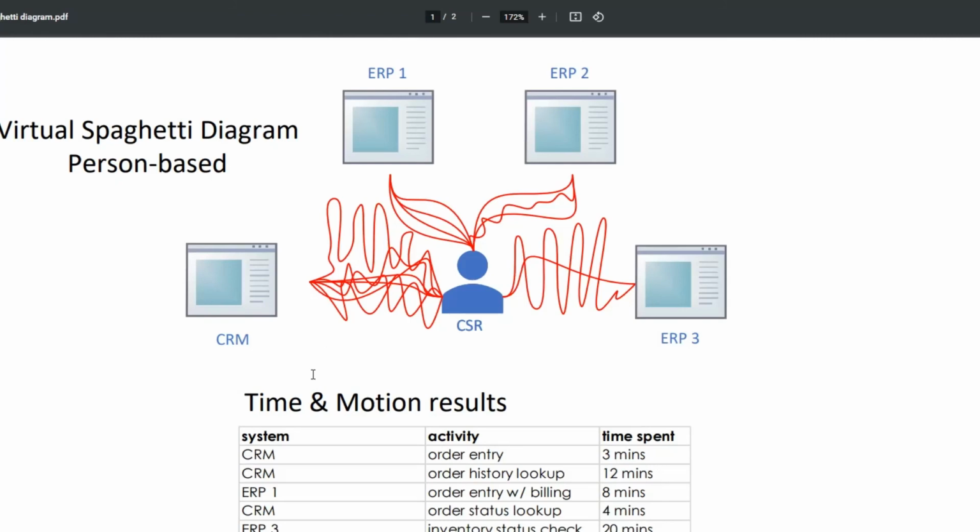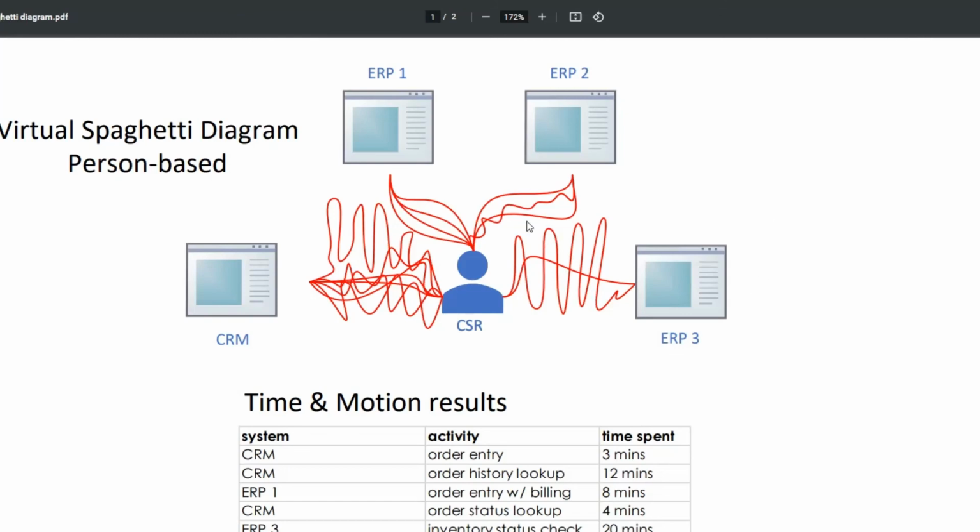And that's what we're talking about here. So in this hypothetical example, you see this customer service rep in the middle, and they've got 4 applications: a CRM, and maybe 3 ERPs. Maybe their company acquired 2 other companies, and they're using one central CRM, but they haven't integrated the ERPs yet, so they have at least 3 product lines from their company and the other 2 acquisitions.